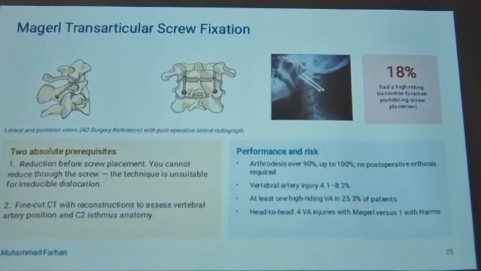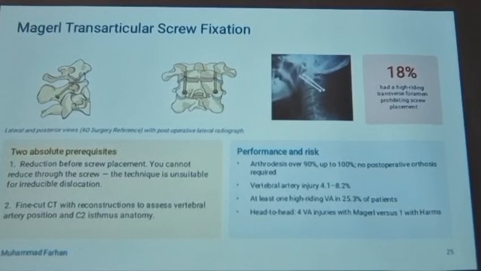It is a highly complex technique because it has a high chance of vertebral artery injury. As we can see, the vertebral artery passes through the foramen transversarium, which is just lateral to the lateral masses, and then it arches superiorly over the groove through the C1 vertebra.